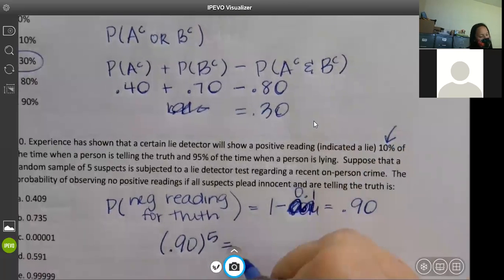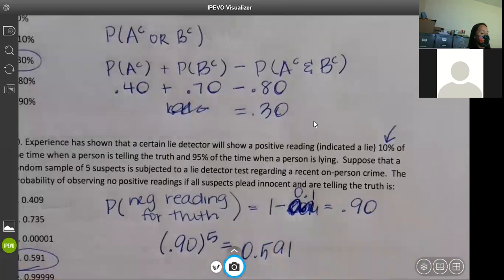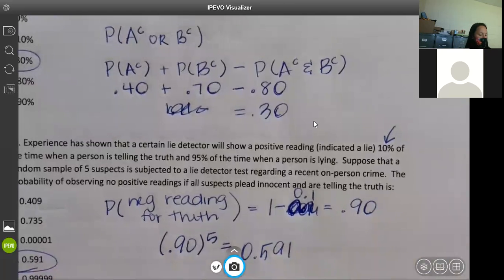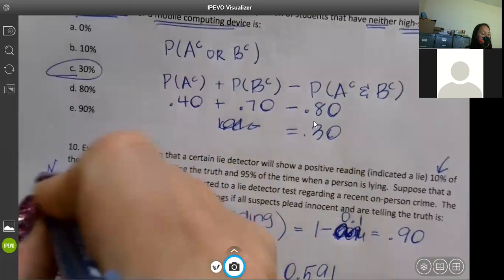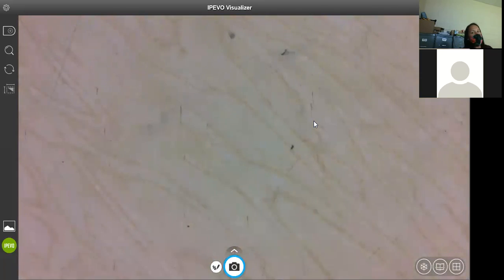And then that will give you your 0.591. So this one did not say at least 1. So that's why we're not doing the subtract 1. So if you're wondering where that came from, we don't have to do the complement. We're worried about who is lying. All right, and then your easy frappy. So I would say like number 10 and the at least, just watch those because those get kind of confusing at times. All right.